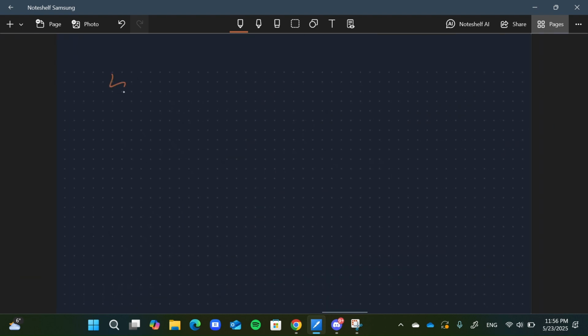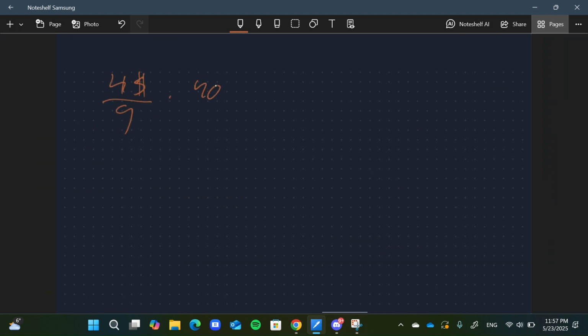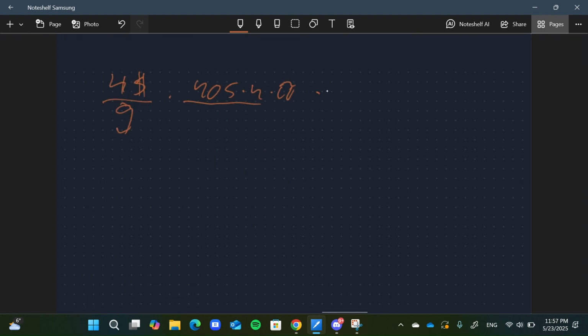So we'll get $4 per gram times 405 times 4 times pi, right? Yep, times 1.1 over 3 grams here, of course.